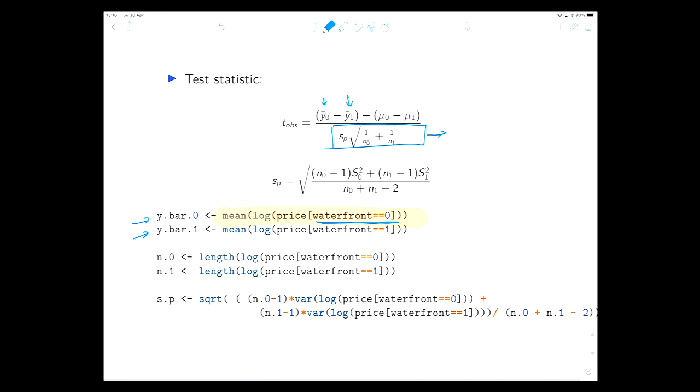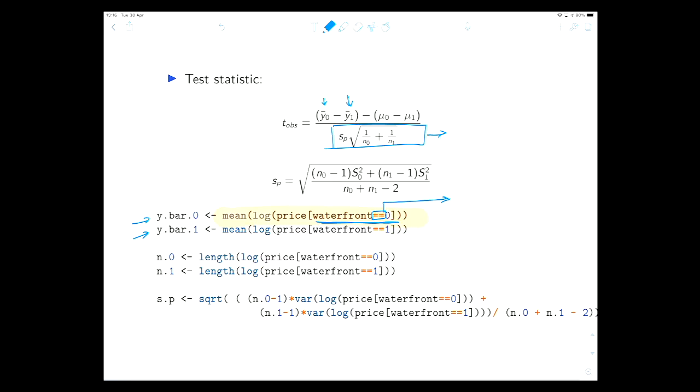This particular way of writing these conditions out, you should start getting familiar with that. Whenever you are dealing with categorical variables, these functions are quite useful. You're essentially testing whether waterfront is equal to the value 0, and that's why you see the double equal to sign.